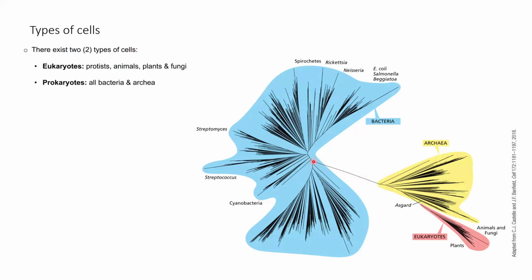That would be that one single cell, the first cell on Earth, and then it branched from there. You get all these different branching points going in different directions, where you go to bacteria, archaea, and then eukaryotes. And eukaryotes, that's where you find your animals and fungi. And again, we humans are animals.